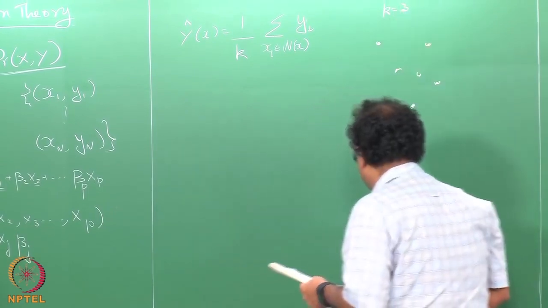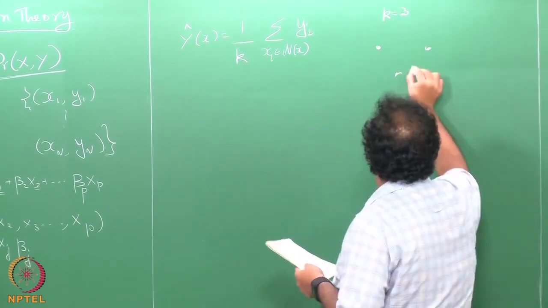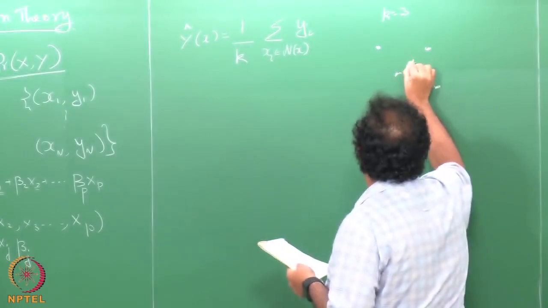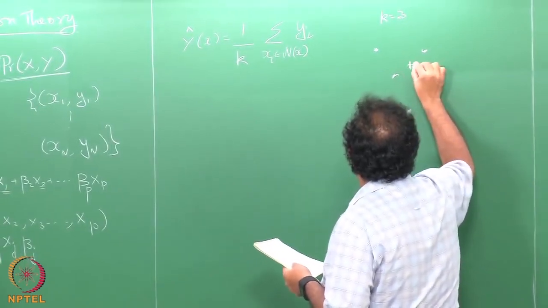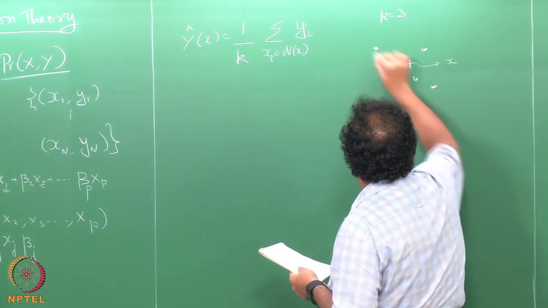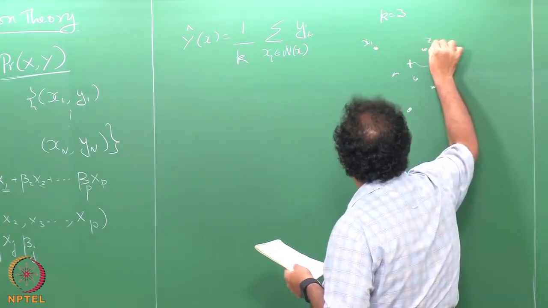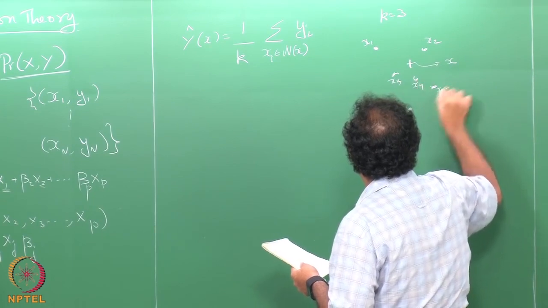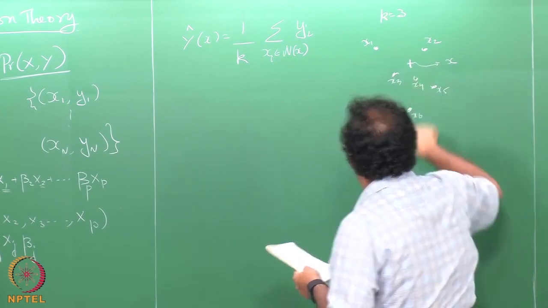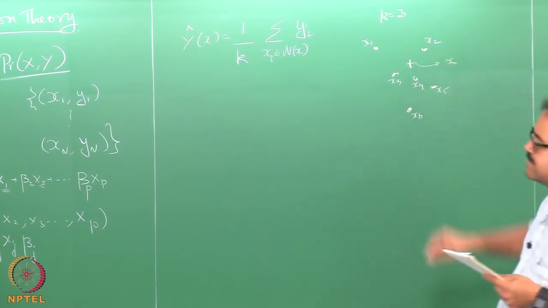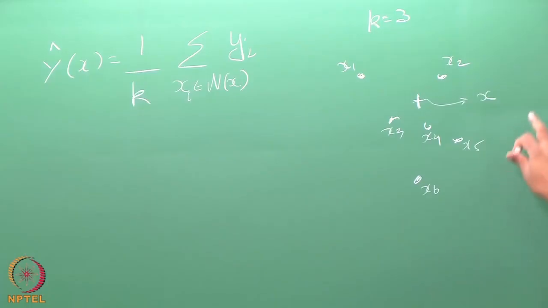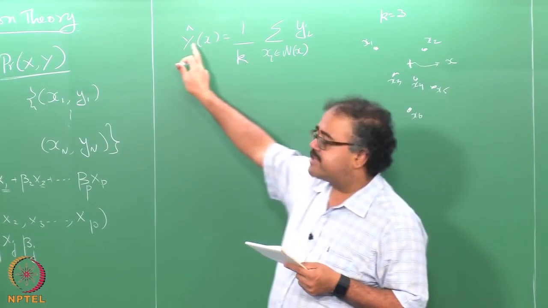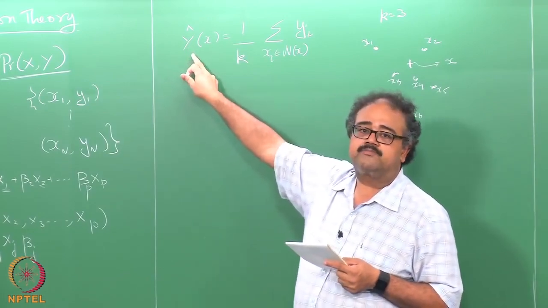If I get a query point, say somewhere here, this is my x. So, this is my x1, x2, x3, x4. These are my training data, the x1 to x6 are my training data, and x is the point for which I want to predict the output.